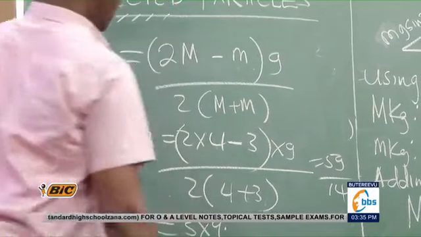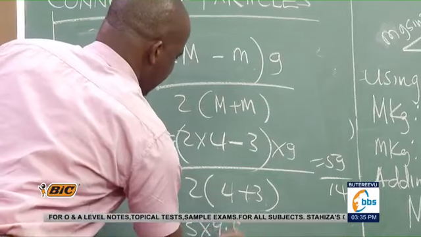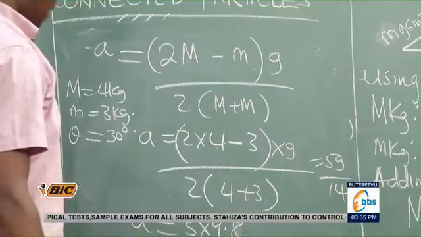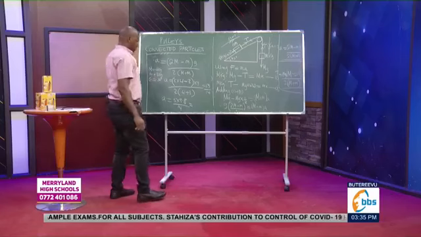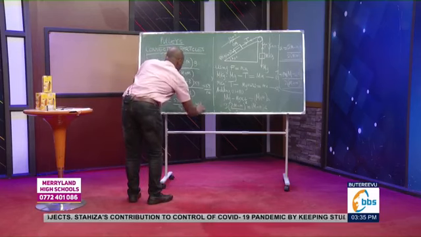If we used 9.8, we should get an answer that is approximately equal to that. This will give us 45 plus 4, that is 49 out of 14.